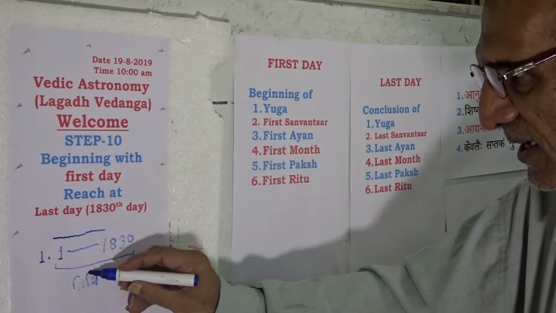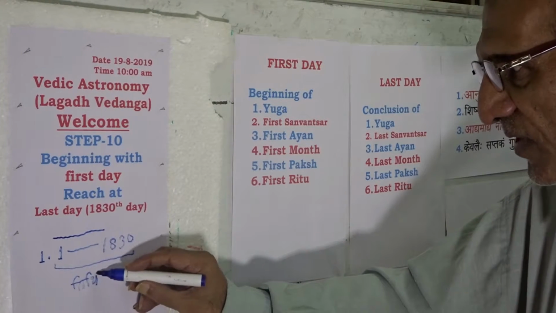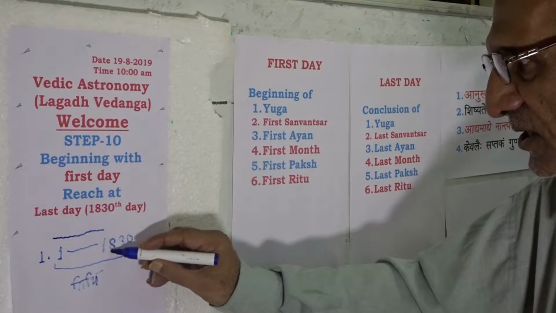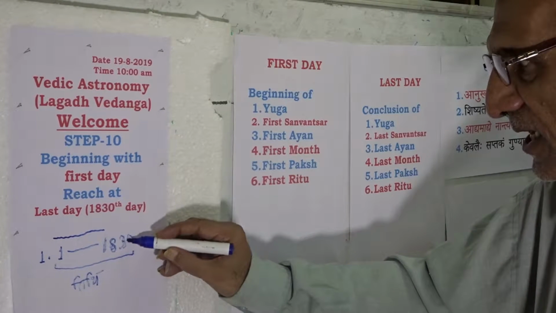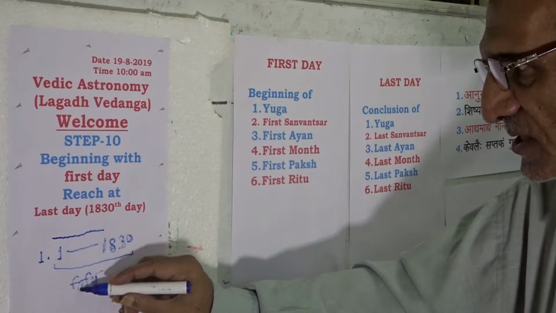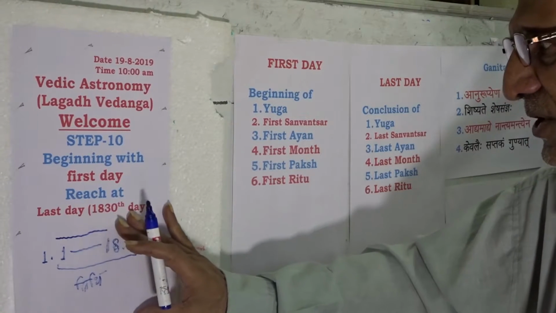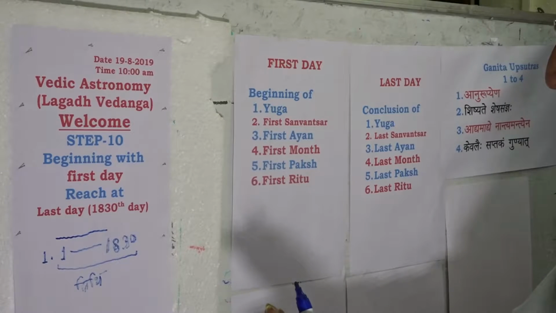Therefore, a range of 1830 units, the unit being a day, a tithi. So this much is going to be the coverage.